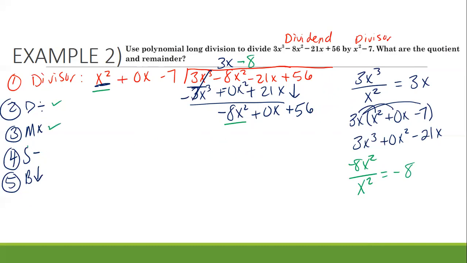Step 3 tells me to multiply. So I'm going to multiply negative 8 times x squared plus 0x minus 7. That gives me negative 8x squared plus 0x plus 56.